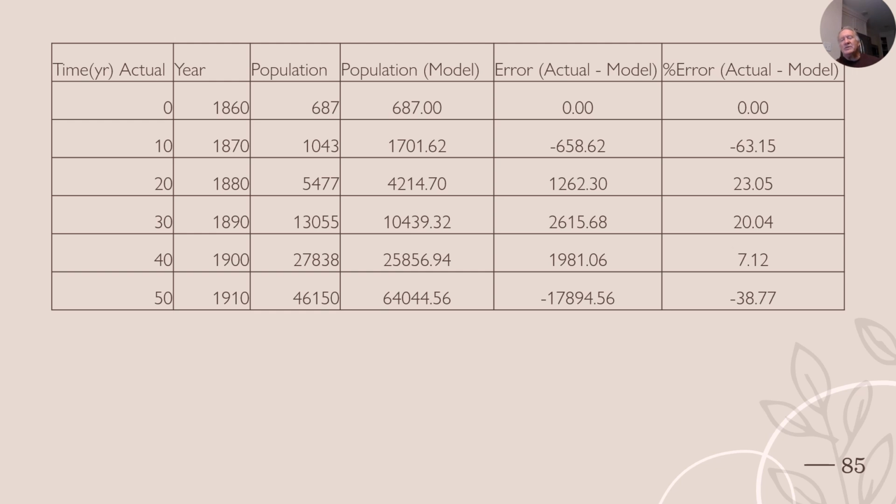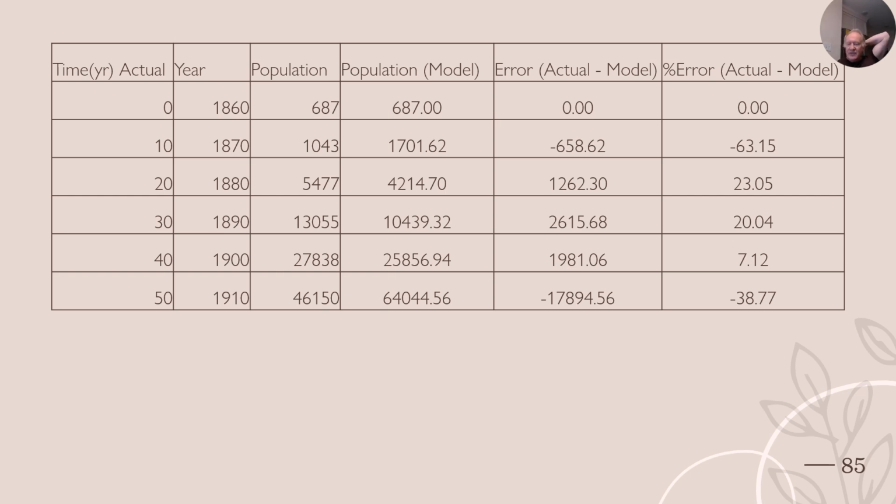So if we look for the percent error, we'll divide through by the actual population. So we see the percent error, we get about 63, and then about 23, and then about 20 and 7, and then about negative 38.